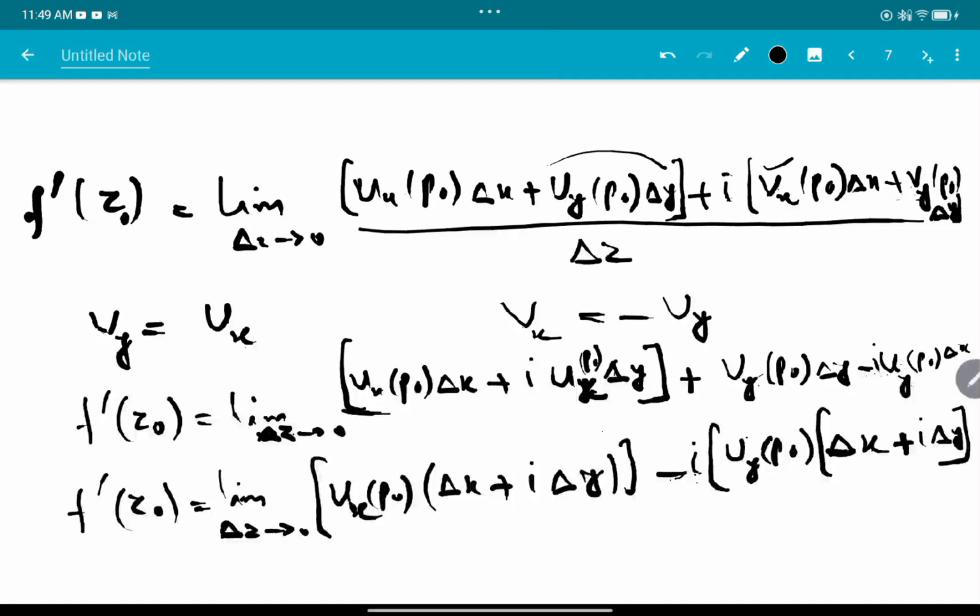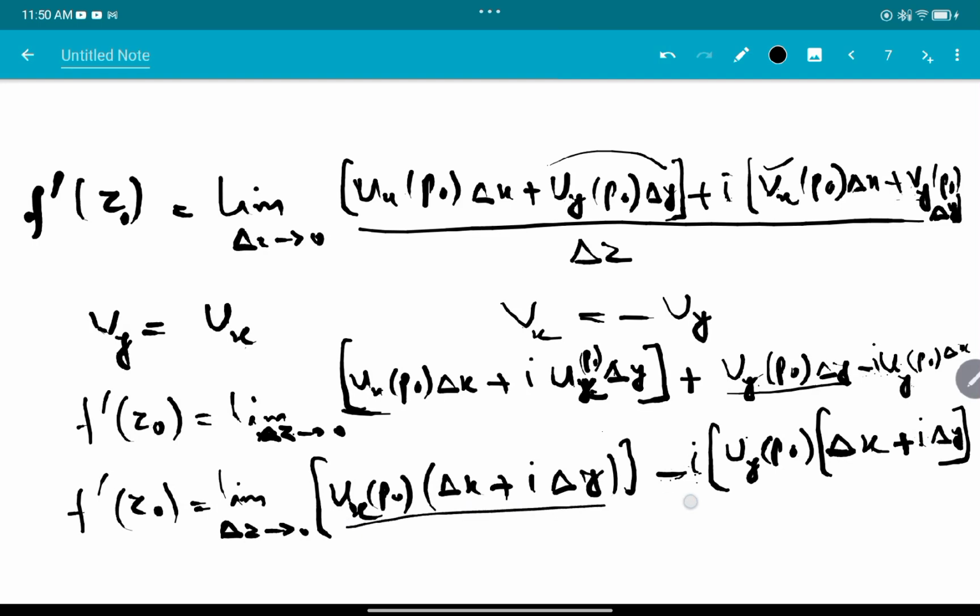Why should it be minus? Because minus i into i becomes minus i, this will become plus i. Multiply this with this and this with this, it is quite okay now, absolutely correct.